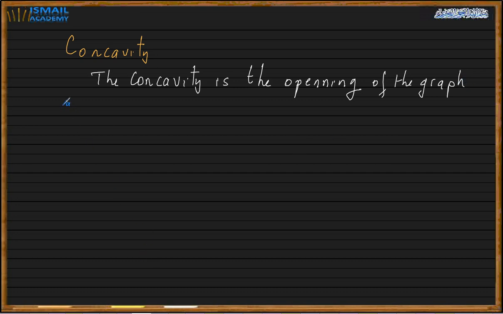So given f of x equals ax squared plus bx plus c, let me change the color of a because I want you to notice this. If a is positive, then the graph is opening up, so we call this concave up.